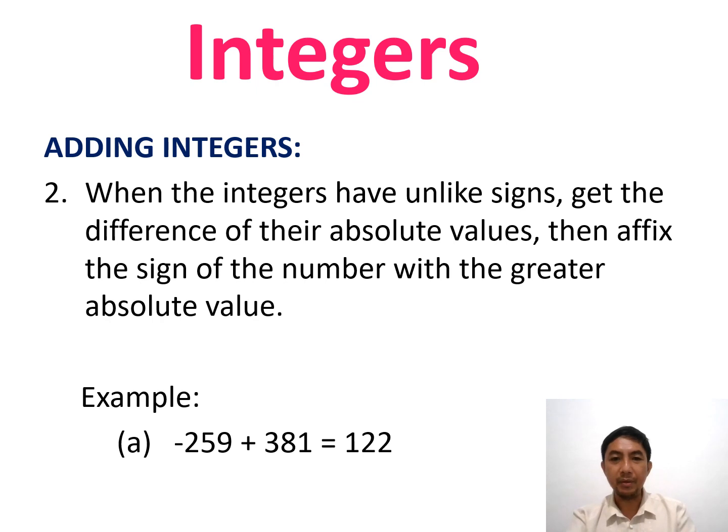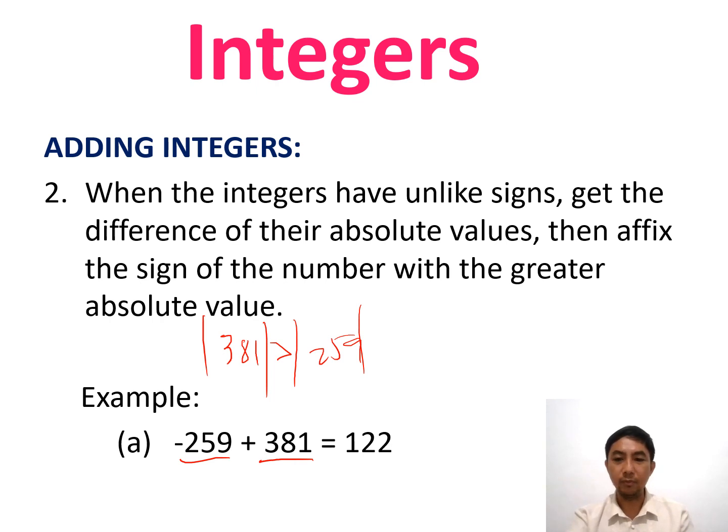But please remember that 381 is larger or greater than 259. So therefore, we are going to copy the sign of 381, which is positive. So the final answer is positive 122.